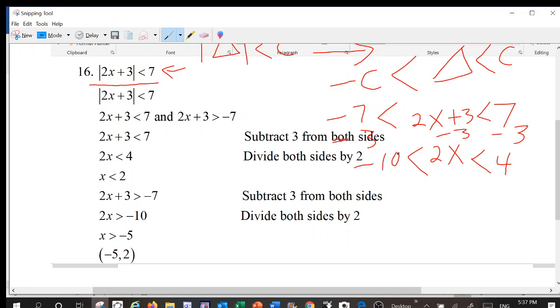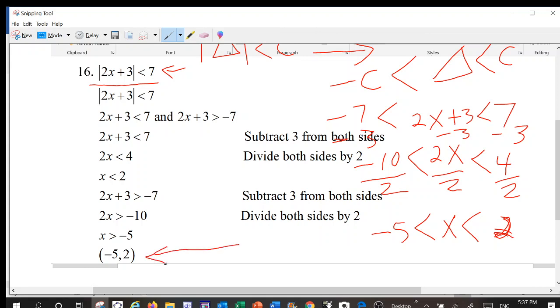And now we can divide everything by 2. So we get 2 here, we get negative 5 here, and we get x in the middle. So the answer is basically all x values between negative 5 and 2, which is represented this way.